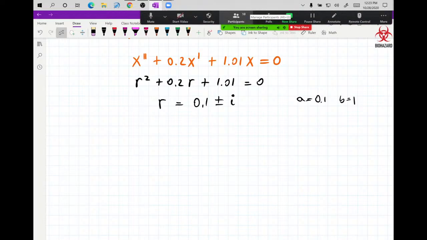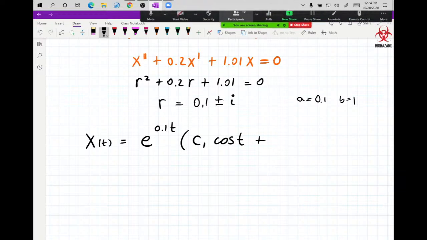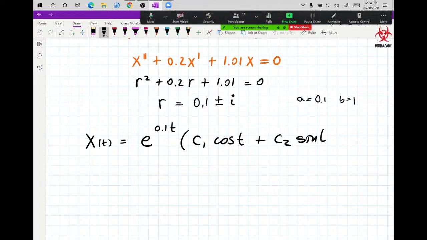So your solution here, because this was the x equation, x of t is equal to e to the 0.1t times C1 cosine t (b is 1, so just t) plus C2 sine t.